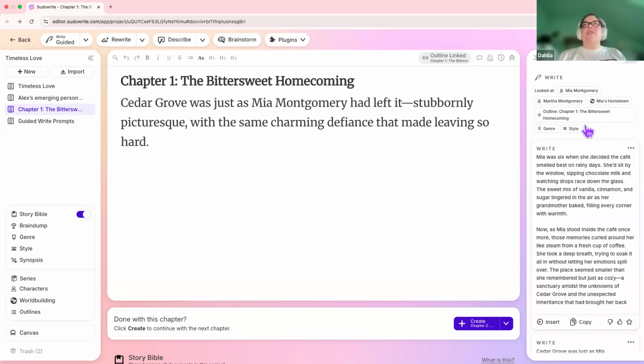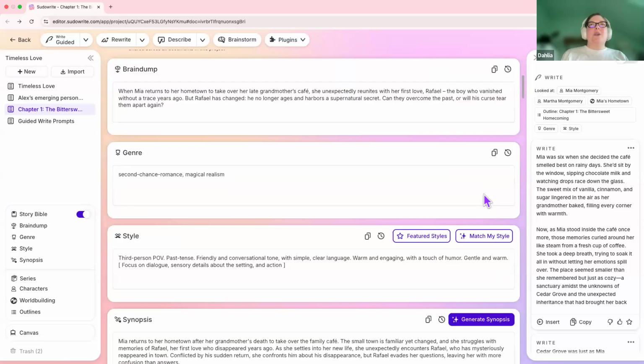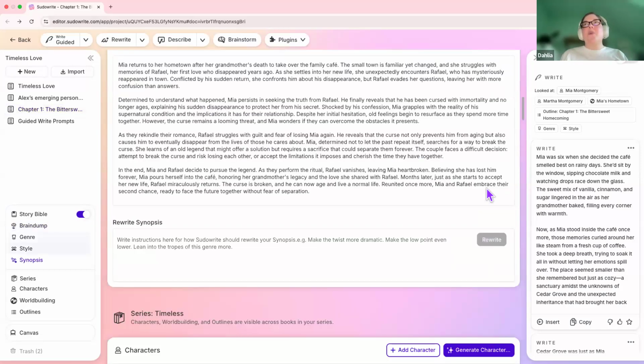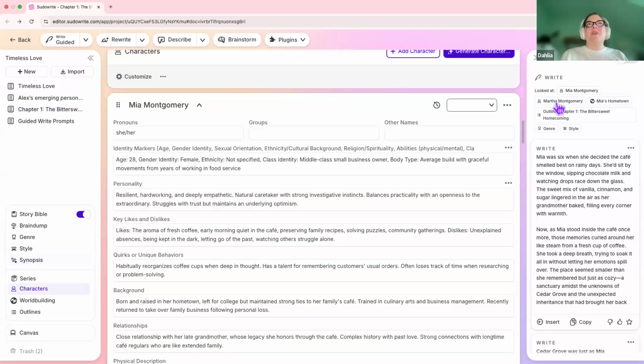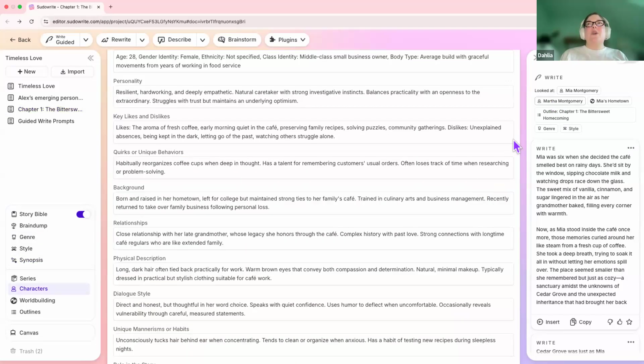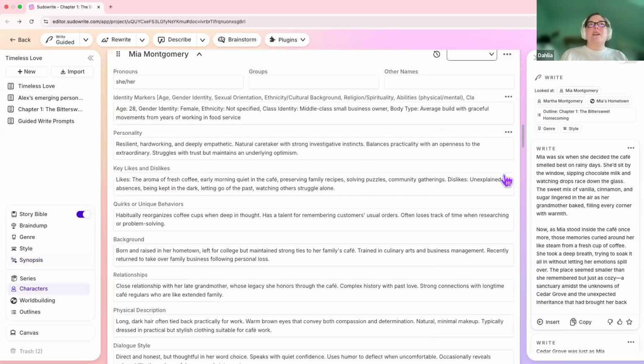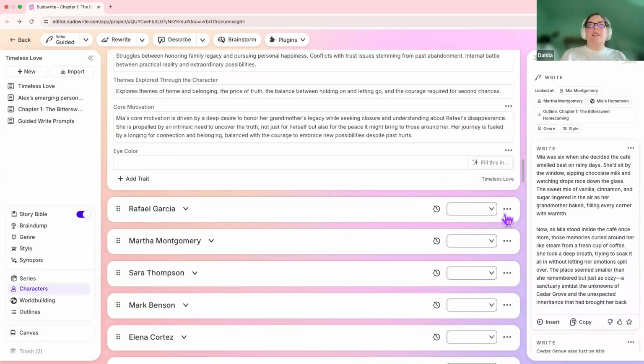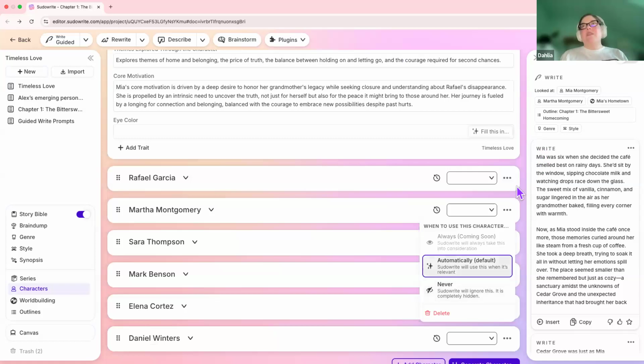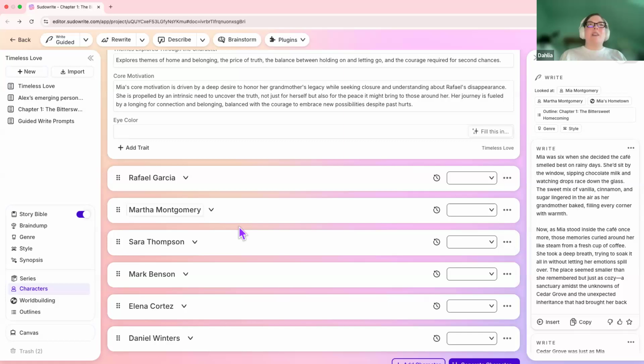This is also good to double check, especially if you have bigger projects, whether you have any information still visible that shouldn't be visible. In that case, for example, if you don't want Martha Montgomery to be mentioned whenever Mia is mentioned, you could hide her card here. But for this first chapter, we need the information about Martha anyway, so we can just keep her visible.